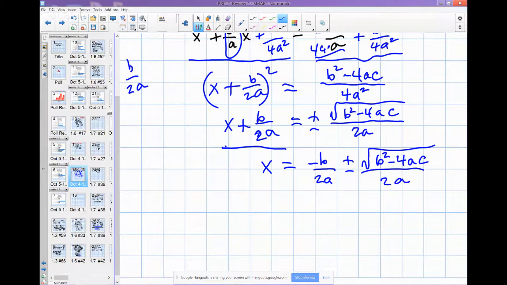You notice, if you write it that way, you see how we have a common denominator? So we can bring the numerators together. And sure enough, that's the quadratic formula.